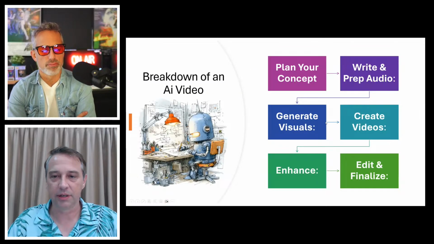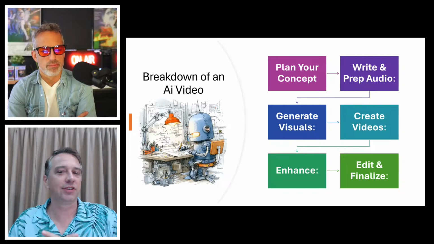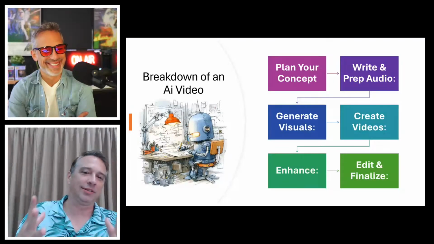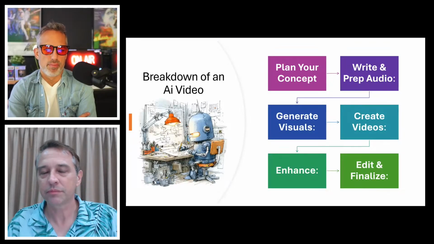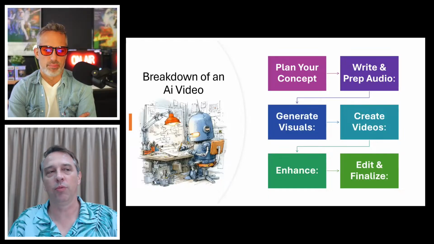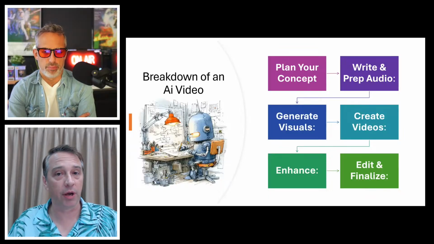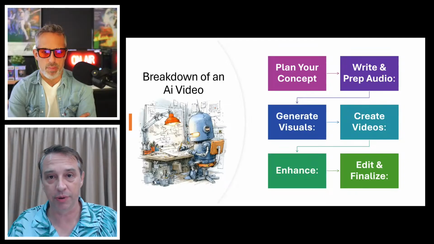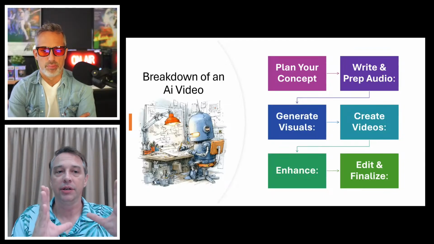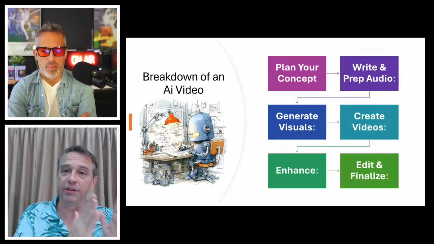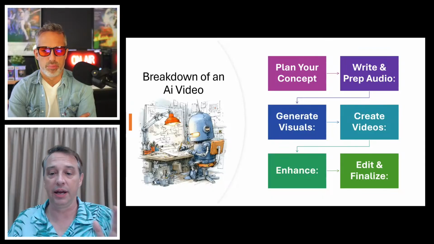Okay, let's talk about now, this is sort of getting into my secret sauce. I'm giving away some secrets here. This is based on what I would call a workflow. There are different workflows depending on what project you might be doing, but you need to understand that there are different steps to creating an AI video animation.